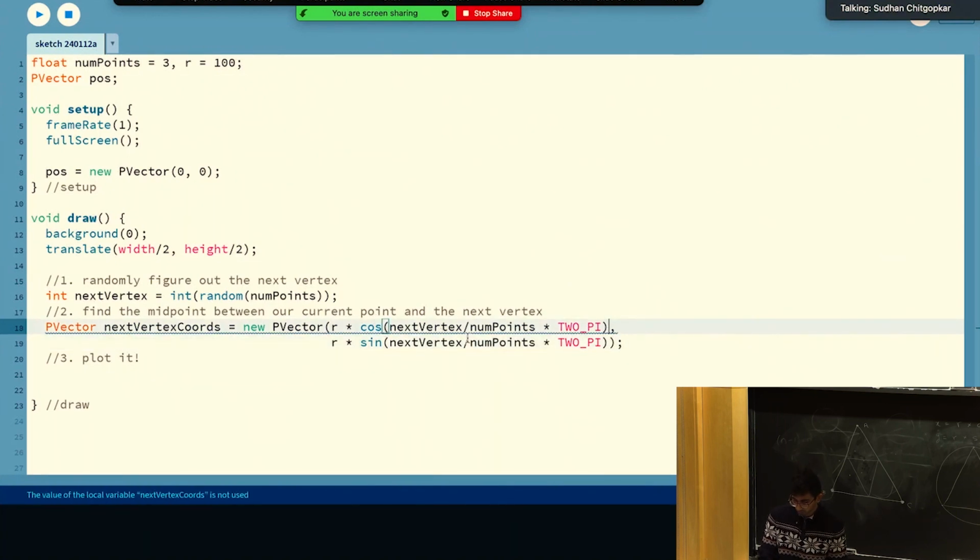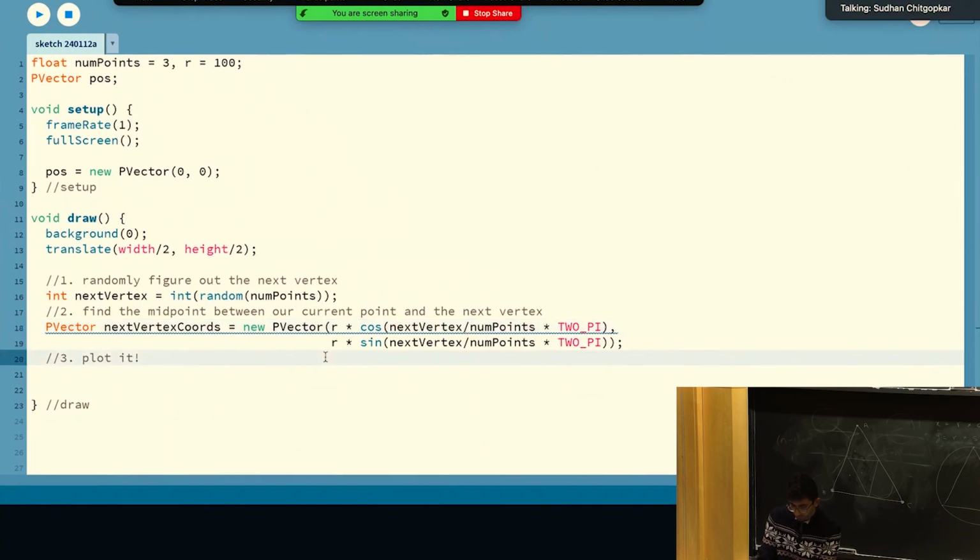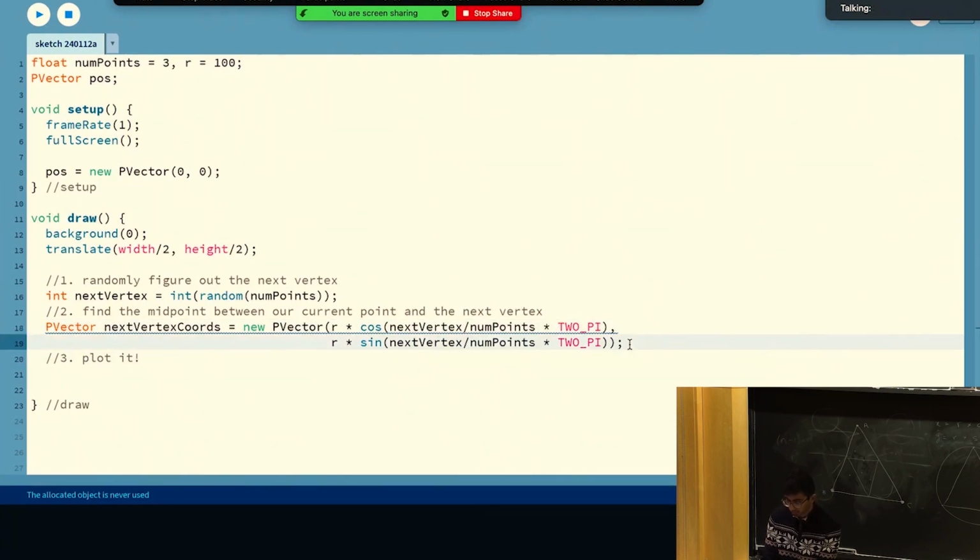Looks like we have messed something up. Oh, it just says the value is not used. Okay, that should be fine. All right, any questions at this point? Does everybody follow everything that's happening so far? So radius is the same? Yes, radius is the same.